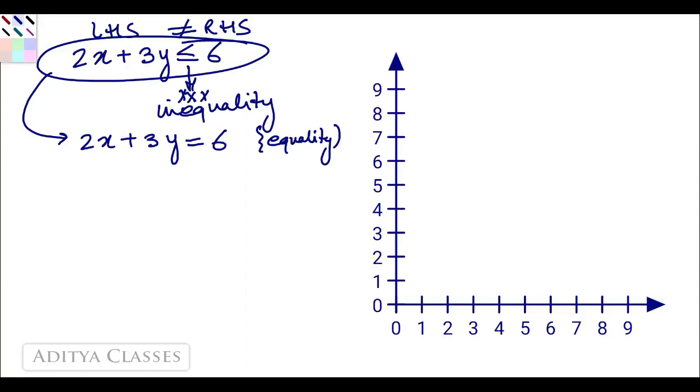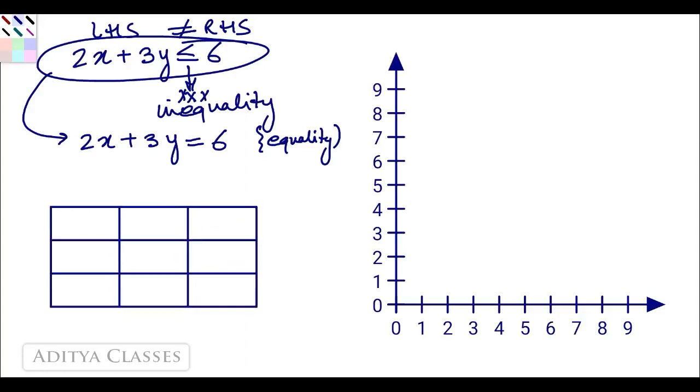In order to solve this equation and find out certain coordinates, let us make a table, let us say of 3 rows and maybe 3 columns. Okay, so here we have a table of 3 rows and 3 columns. Now let me put x over here, y over here, my first point and second point.